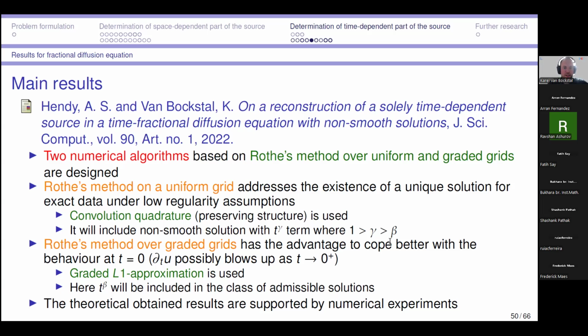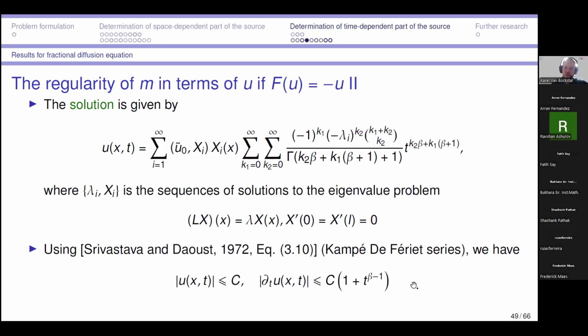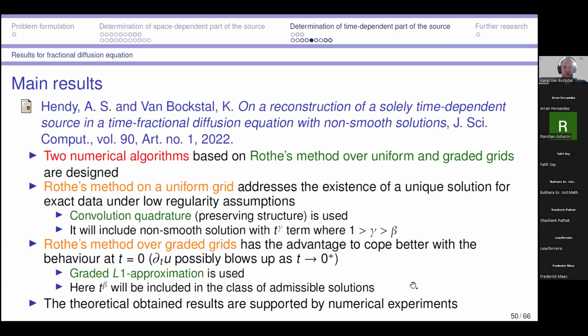Over the graded grids, we made these assumptions on the solution. In fact, we needed this assumption to be able to show the existence of the solution, at least to show the convergence of the approximate solutions.